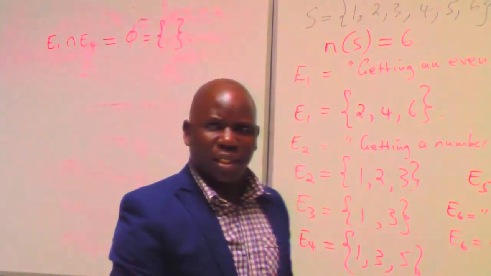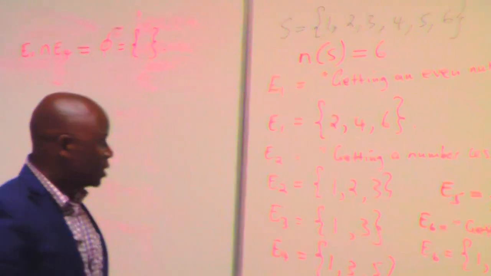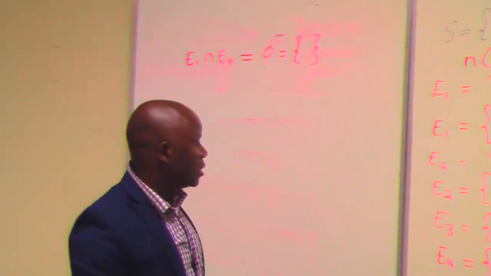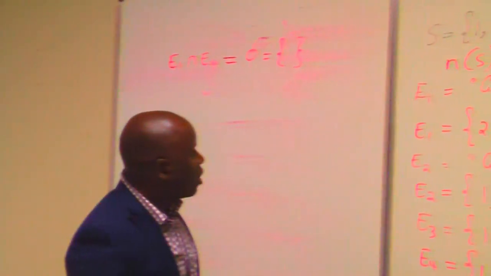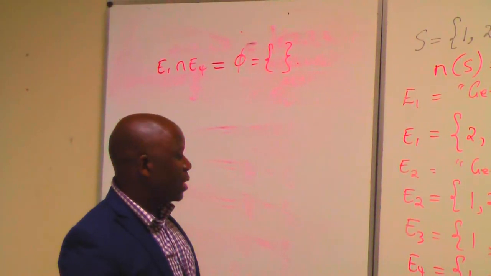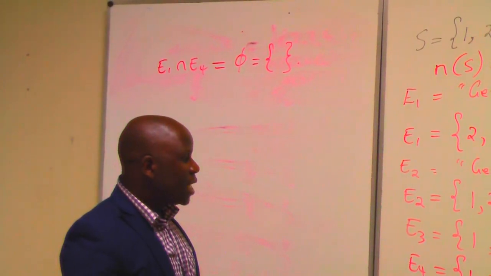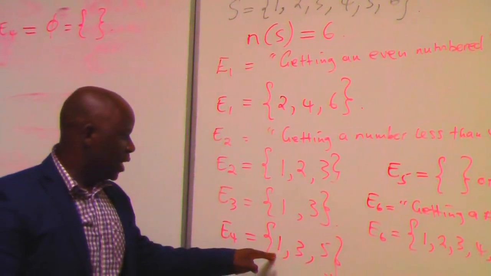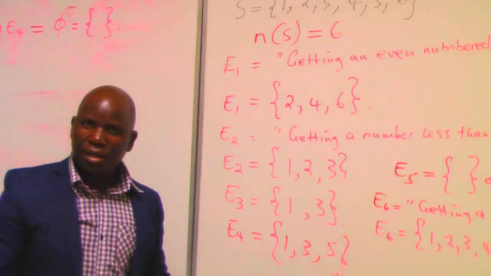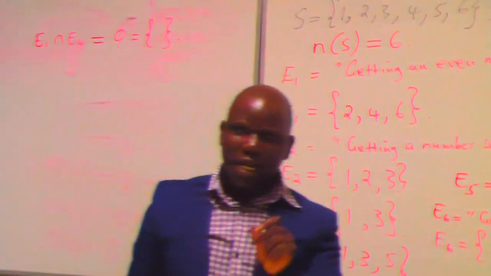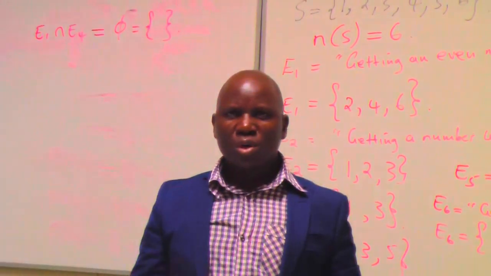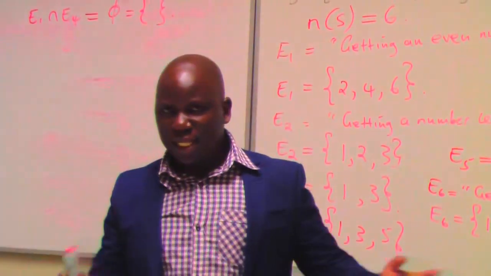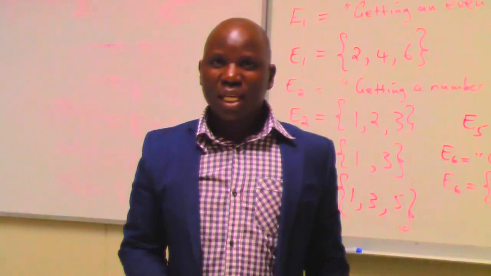What does that mean? What is E1? E1 means getting an even number. What is E4? E4 means getting an odd number. Do we have an even number which is also an odd number at the same time? We don't have.